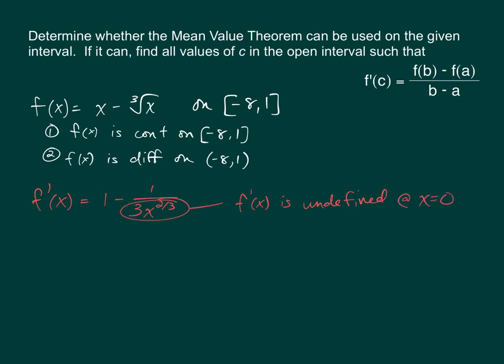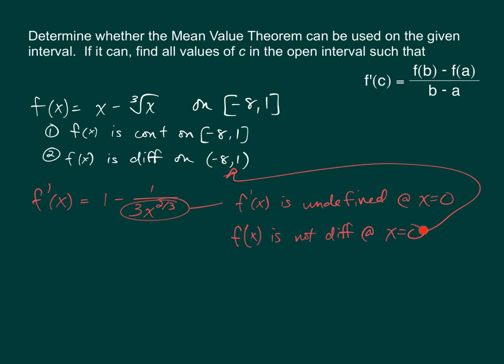And that's a problem. f prime of x being undefined at x equals 0 is the same as saying f of x is not differentiable at x equals 0. And why this is a problem is because 0 is in this open interval, and in order for us to use the mean value theorem, we have to have the function be differentiable on the entire interval here.